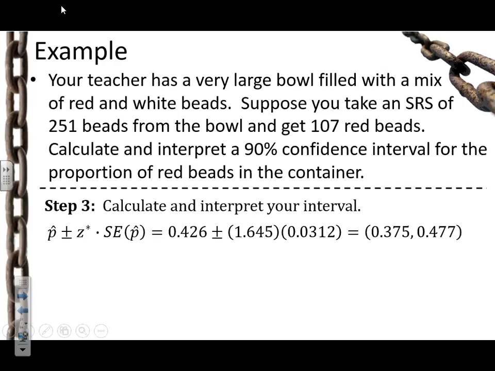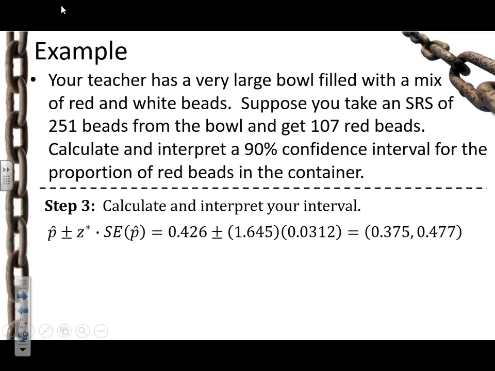So she said we are 90% confident that the mean of red beads, what do we want to change there? Proportion of red beads. Okay, so we're talking about a proportion, which means we want proportion in our context.